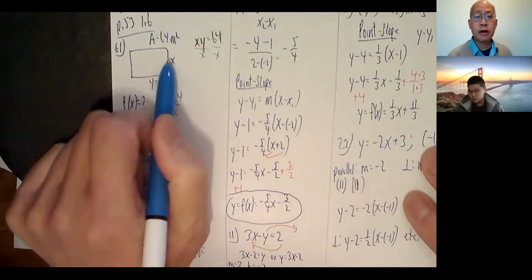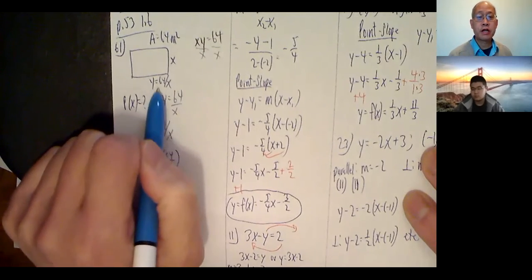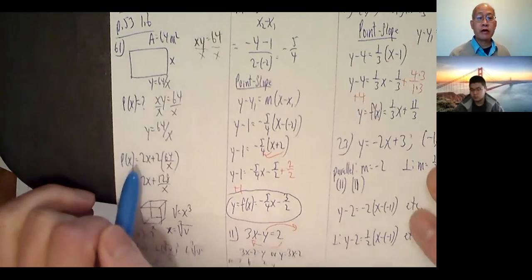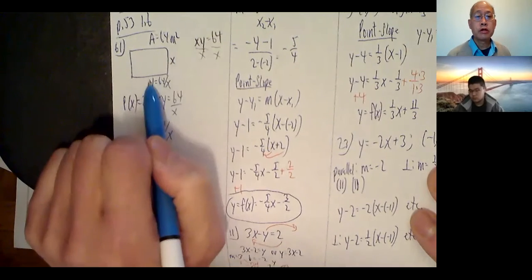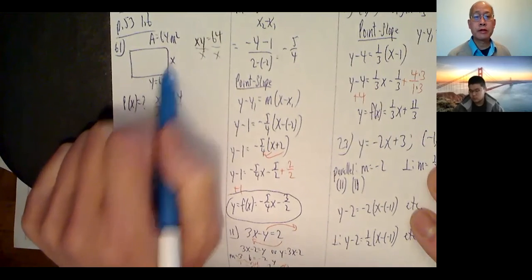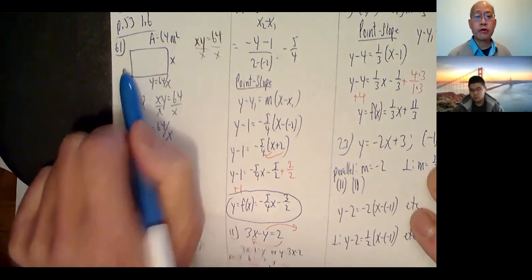All right, so I've expressed the sides of this rectangle as x by 64 over x. And now I use the formula for the perimeter. Perimeter is 2L plus 2W, 2 times the length, plus 2 times the width. Because there's a length here, another length here, a width here, and another width here.